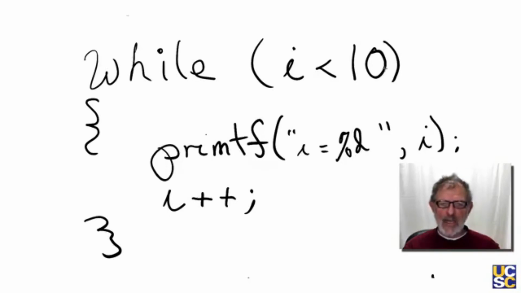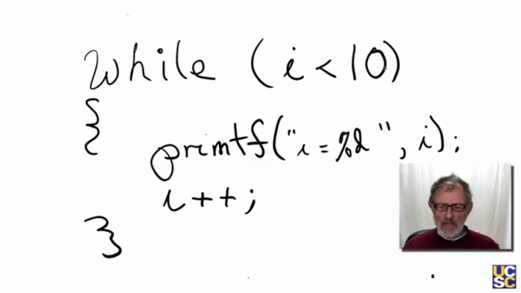So in this case, I is assumed to have been declared as an int of some value, typically less than 10, otherwise this wouldn't be executed. And we'll check. If I is less than 10, then we continue into this compound or block statement. We do the printf, I equals, and we print out the current value of I.